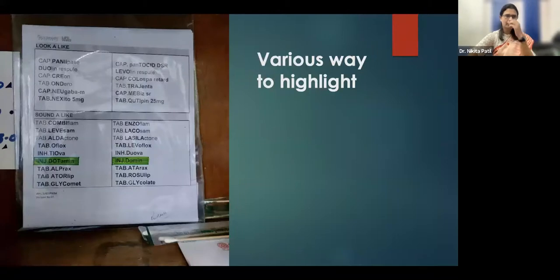There are various ways to highlight in the OT. You can just read out the last part, like tab Glycomet and tab Glyoate. So that is the difference, sound alike and look alike drugs. So better to identify them in our OT. In tabular form, you can highlight them and paste it in the OT before going through it again.